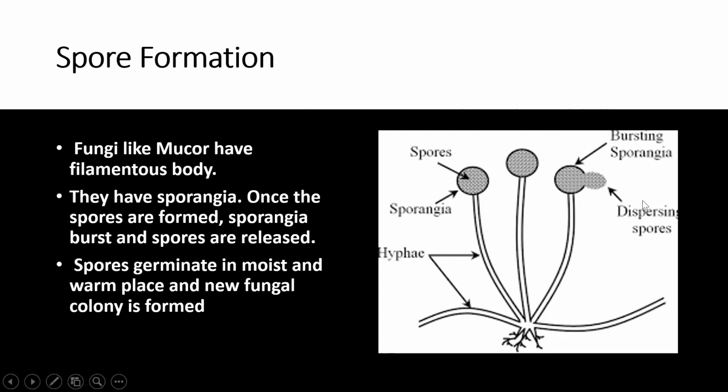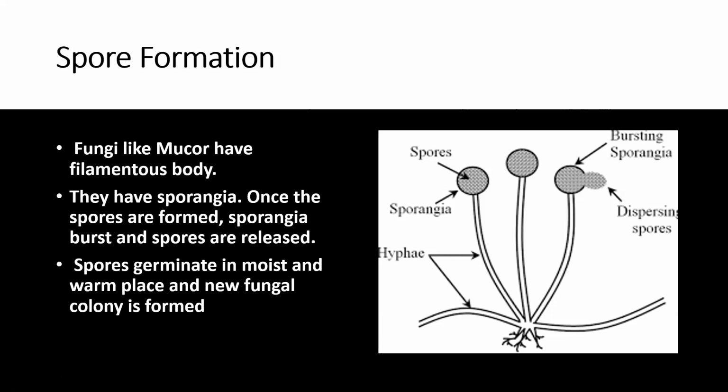Like how we saw in the other methods. Here, this is a photo of the bursting of a sporangium. When this bursts, through this opening, all the spores come out. Those spores are called dispersing spores. Once the spores are formed, the sporangium bursts and spores are released.